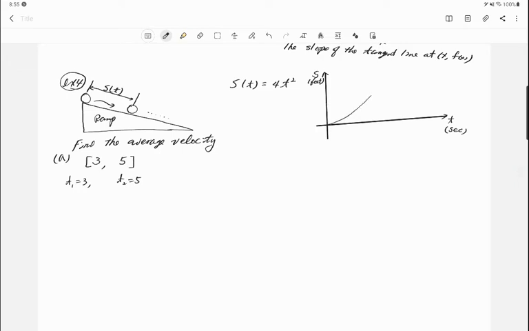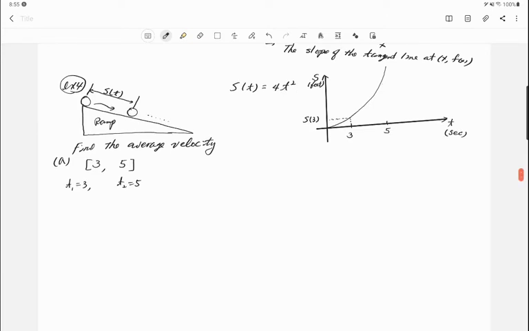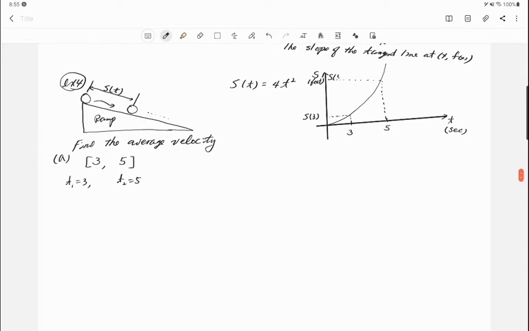If this is 3 seconds and this is 5 seconds, then when t equals 3 seconds, we know the distance that the ball traveled. That will be s of 3, where we substitute 3 for t. And here is 5, so this will be s of 5.